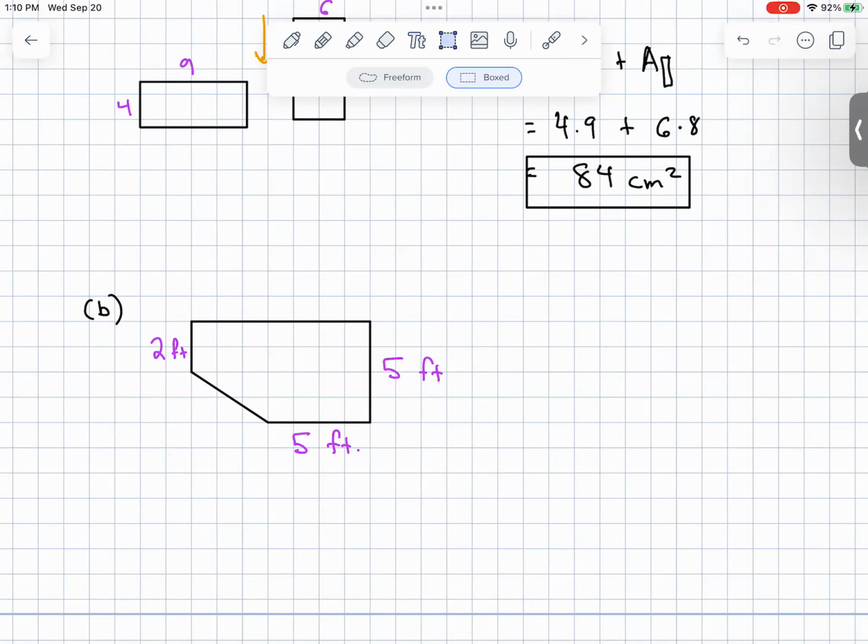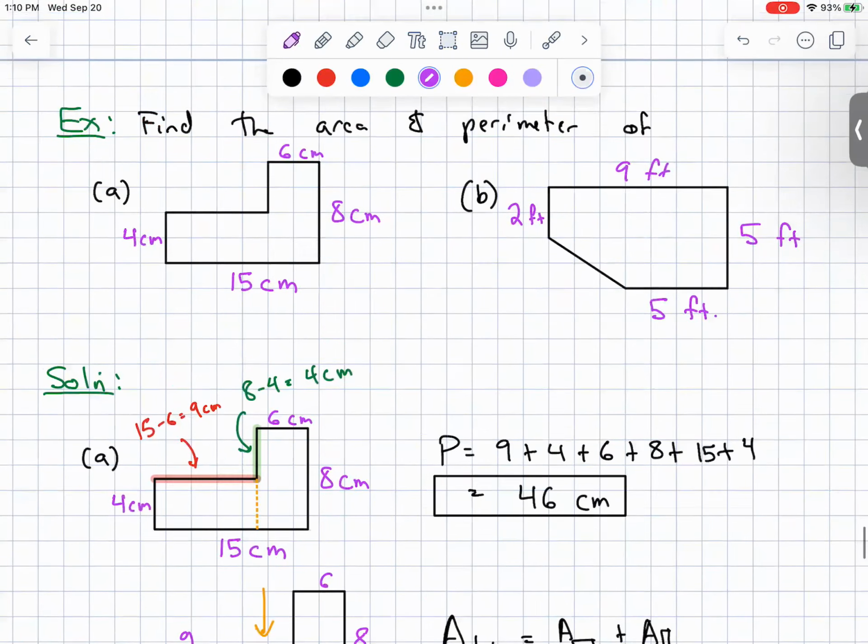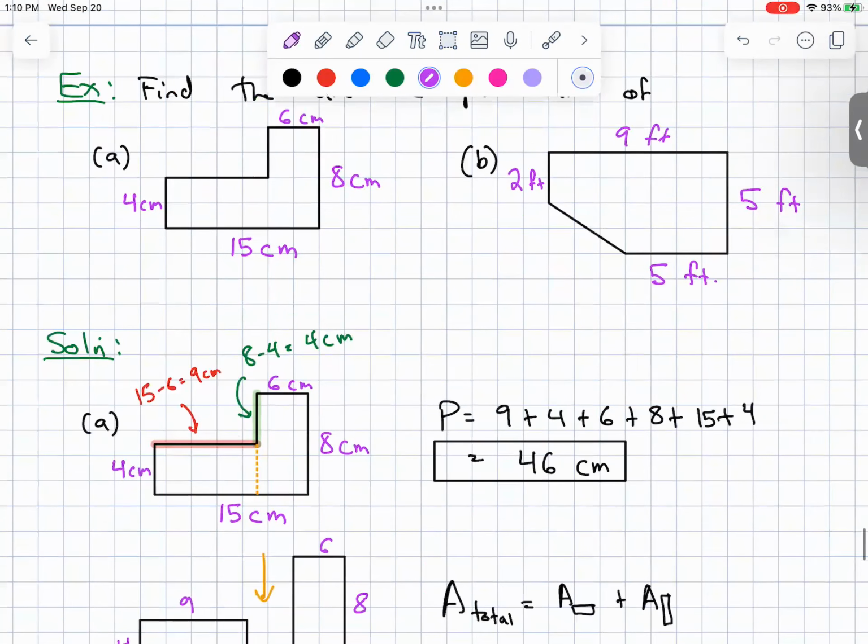Wait, was it supposed to be given? Sorry that my notes cut off when I printed them off from my iPad. It's definitely needed. This is supposed to be 9 feet up top. Sorry about that. Otherwise, this is a very hard problem to solve. Sorry about that. 9 feet.